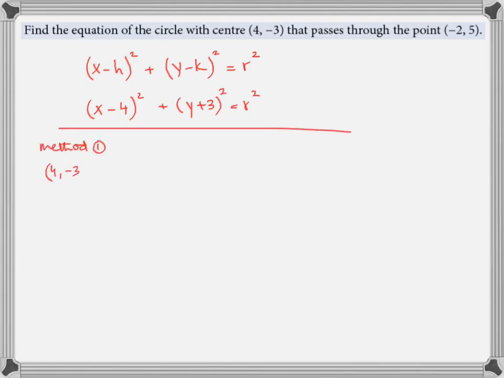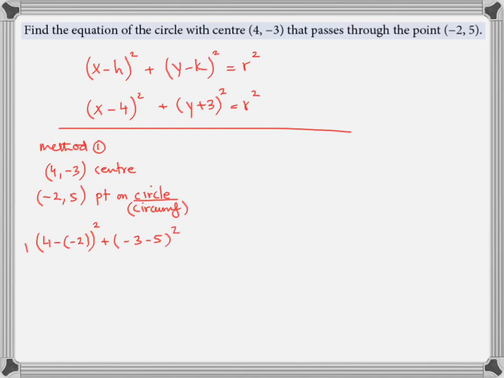There are two methods. The first method is, the center is there, a point on the circle is there. Don't we know that the distance from the point on the circle to the center is called the radius? So I first find out the radius and then just plug in the values. That's it.